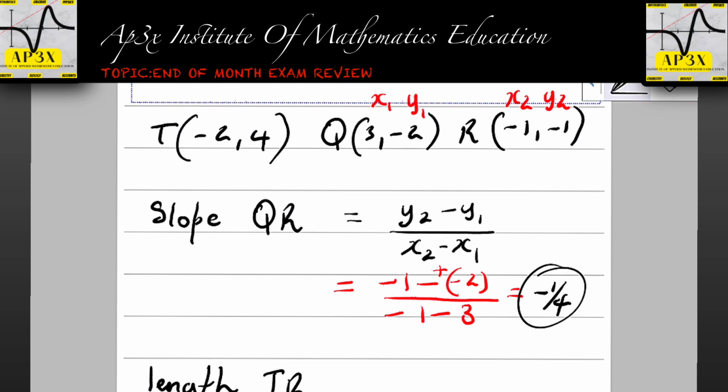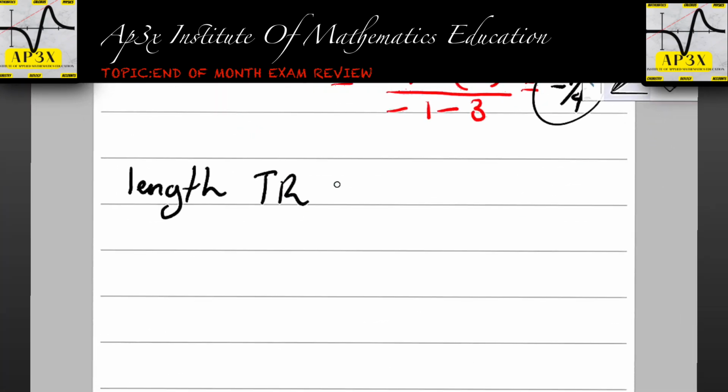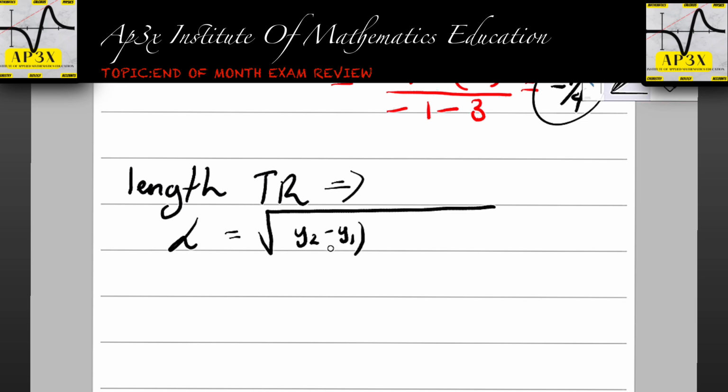All right. Once again, we're going to be moving on to the length of TR. Of course, you need the length formula, which is the Pythagoras theorem used on the Cartesian coordinate system. It is in fact that length is equal to the square root of (y2 minus y1) squared plus (x2 minus x1) squared.